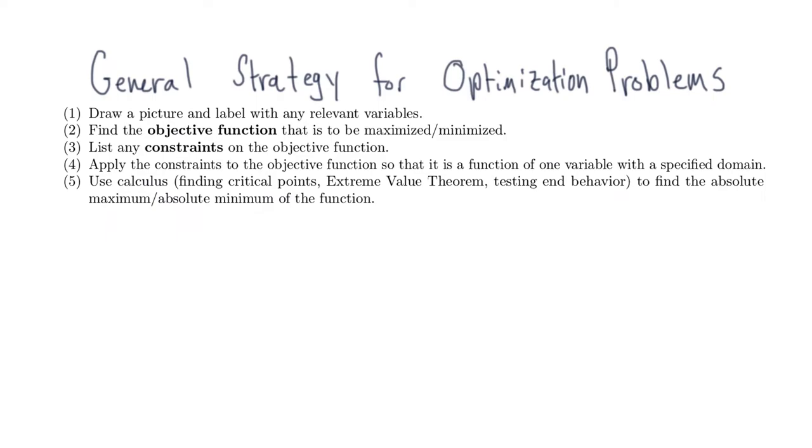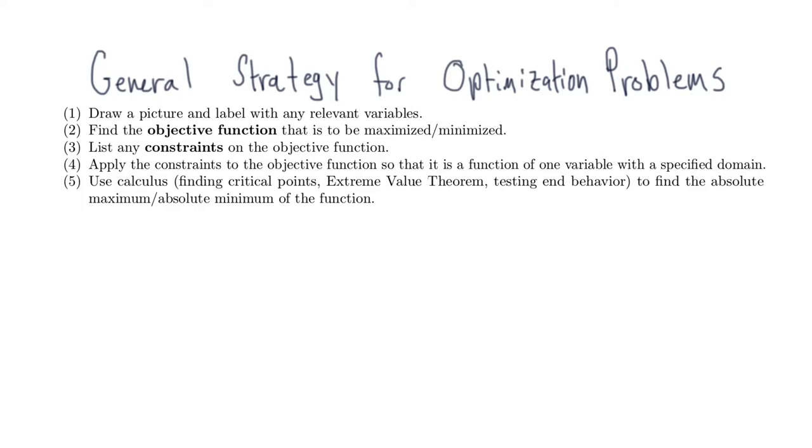Okay, so with these optimization problems, there's a lot of connection with what we did with related rates. They're very similar in that the problem is typically just going to be a word problem. It's going to describe the situation to you, and you're going to have to infer or pick out what you're really trying to do.